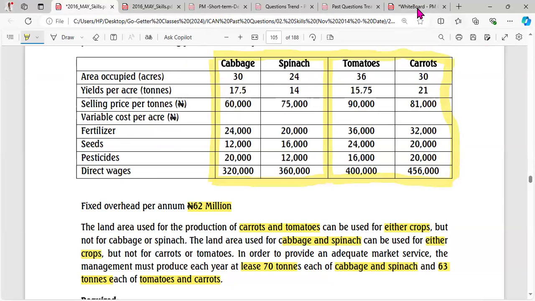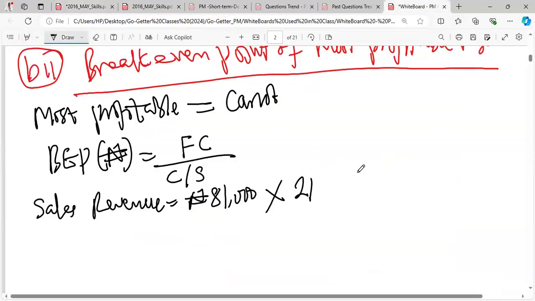Then we are going to multiply it by the number of acres. Number of acres is 120, because you are now planting carrots everywhere. In 1 acre of land, you get 21 carrots or so. Then you are going to plant carrots in the whole of the 120 acres, and you are selling them each at 81,000.